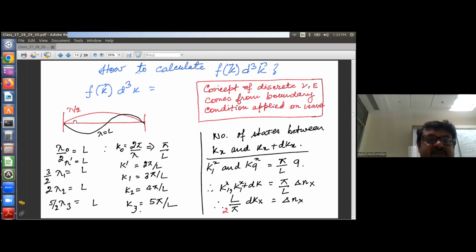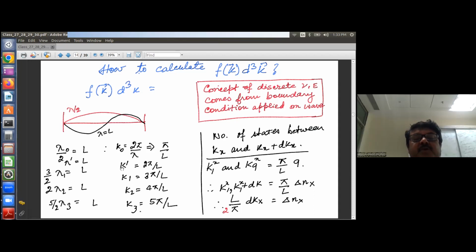Any wavelength which is between lambda 0 and 2 lambda 0 is not allowed, by demanding that the amplitude of the electromagnetic radiation will be 0 at the walls.